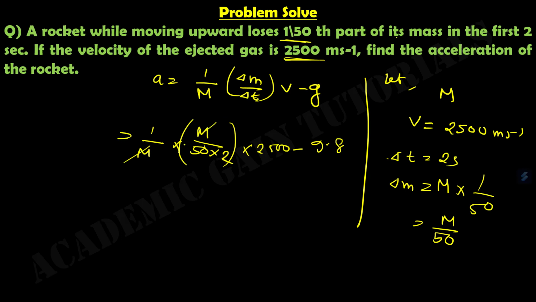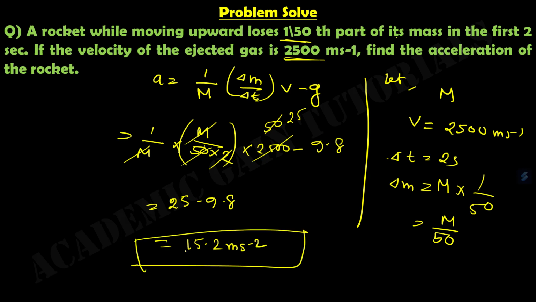So m and m cancel out, and we get 50 cancelling, which gives 25 minus 9.8 meter per second square. If we calculate this whole term, we get 15.2 meter per second square. So this is the acceleration of the rocket.